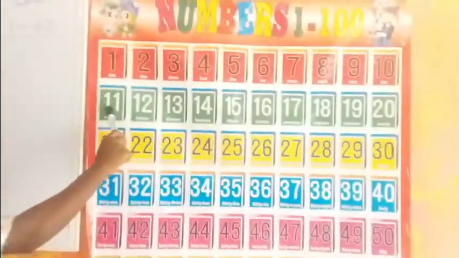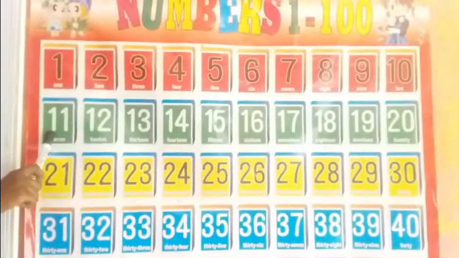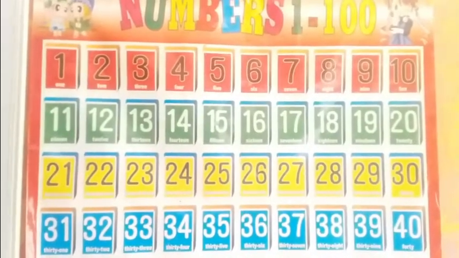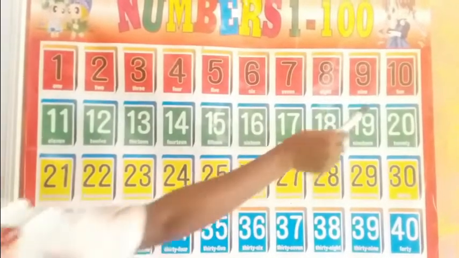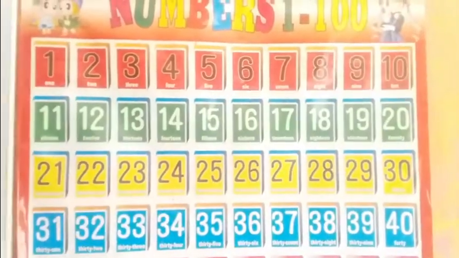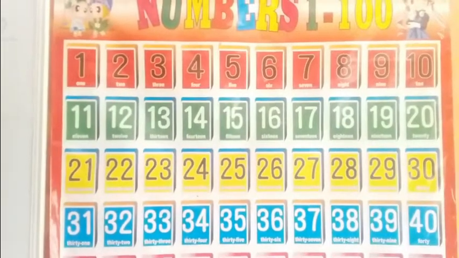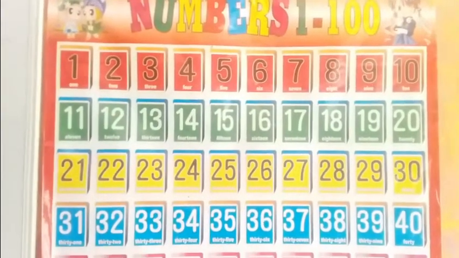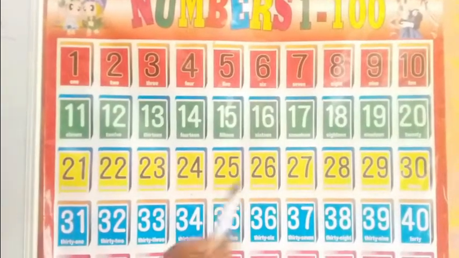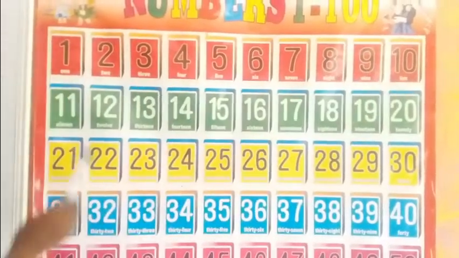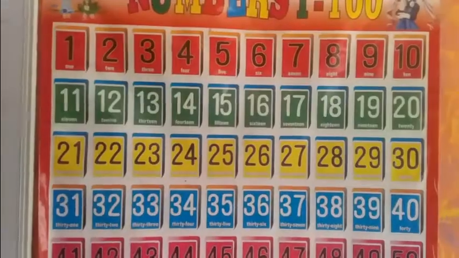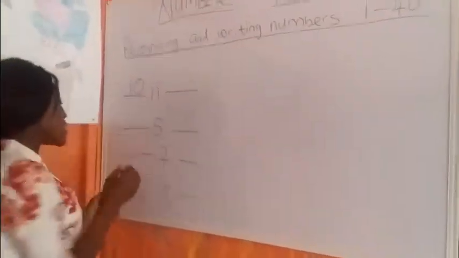Before writing your number 11, you write your 10 before 11. Even when counting or saying your numbers, you mention your number 10 before mentioning 11. So that is the number before 11, number 10.